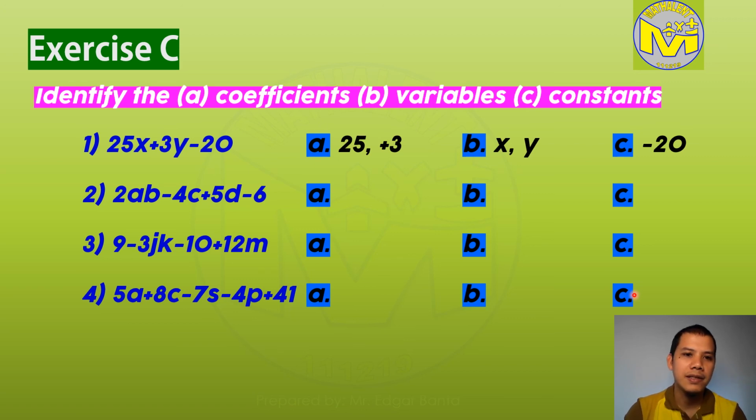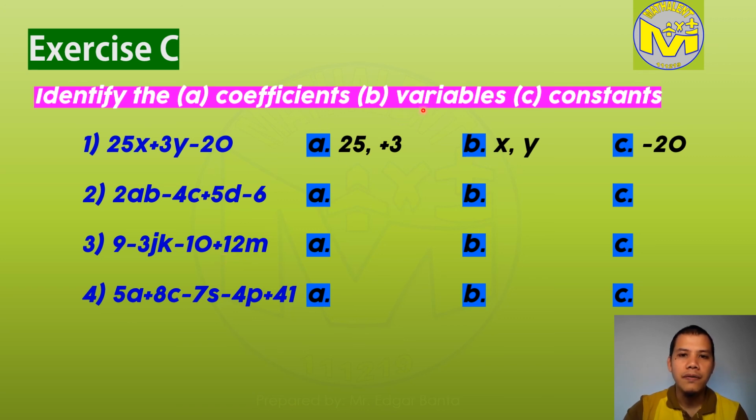Like 25x. In 25x, the coefficient is 25. In 3y, the coefficient is 3. In 5a, the coefficient of a is 5. In minus 3jk, the coefficient is minus 3. In 12m, the coefficient is 12.